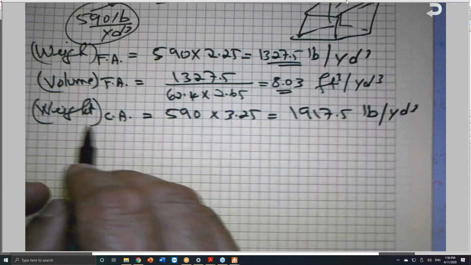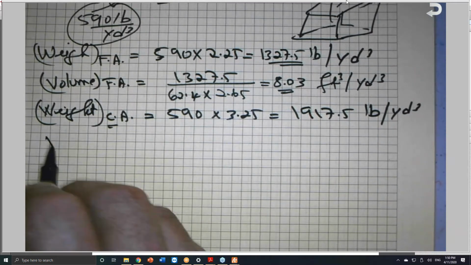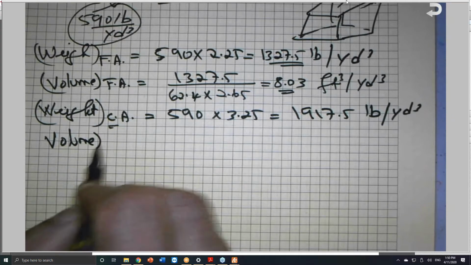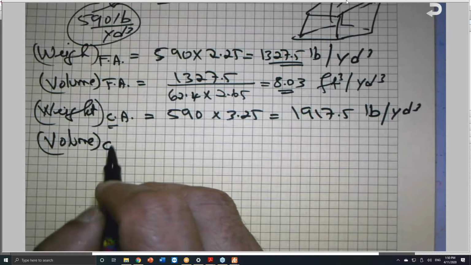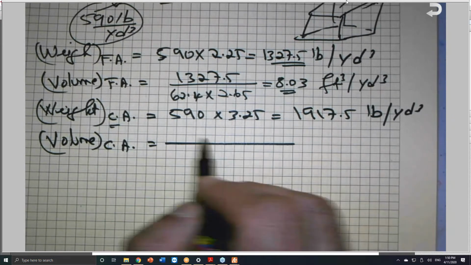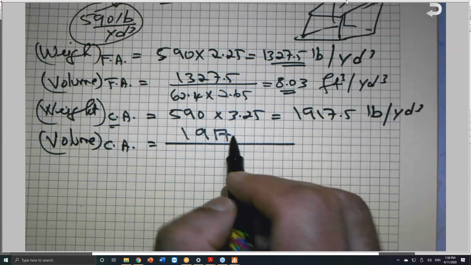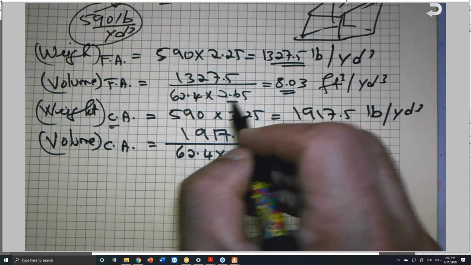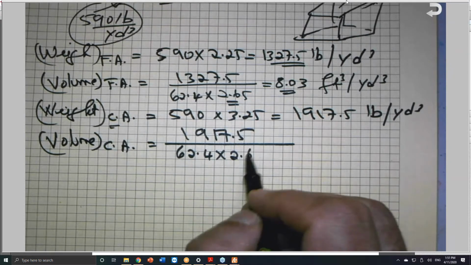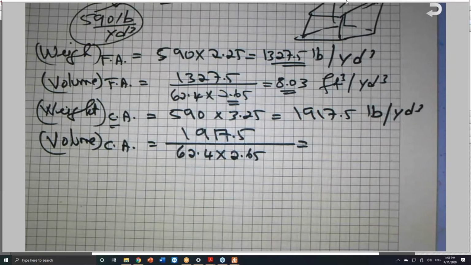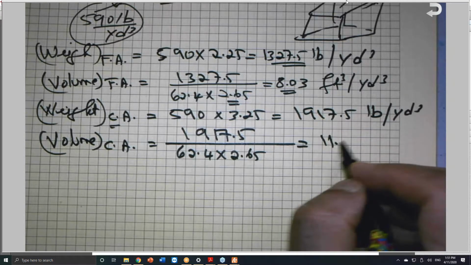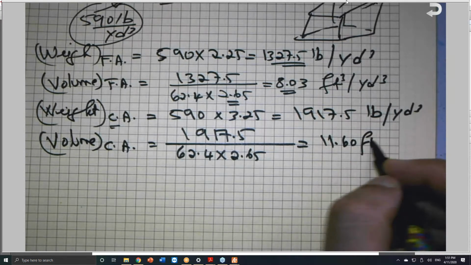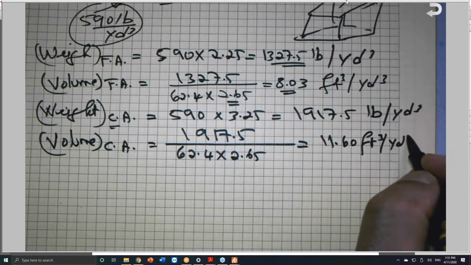Can I get the volume of the coarse aggregate? The same equation: 1917.5 divided by 62.4, and we are lucky the same specific gravity, 2.65, but it could be different. I got 11.6 cubic feet per 1 cubic yard.